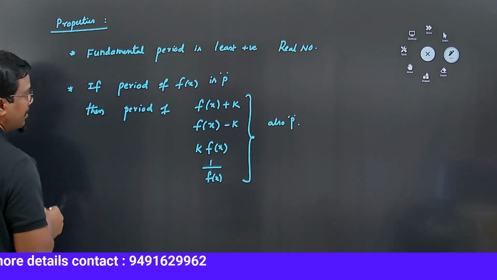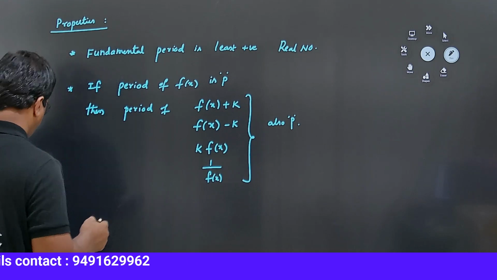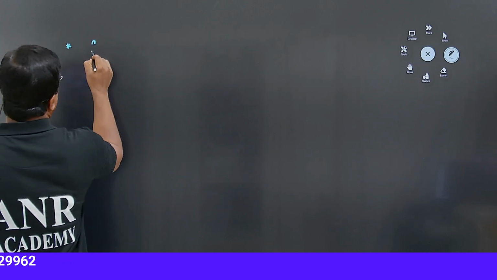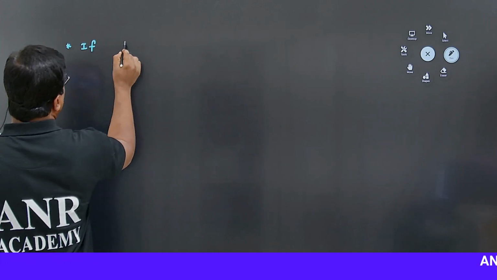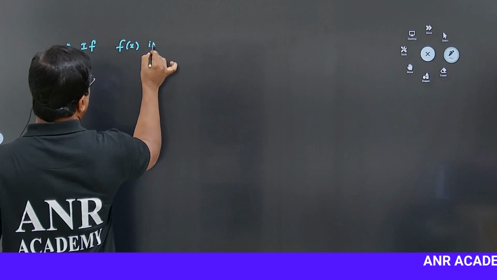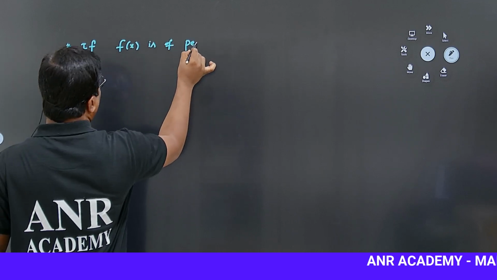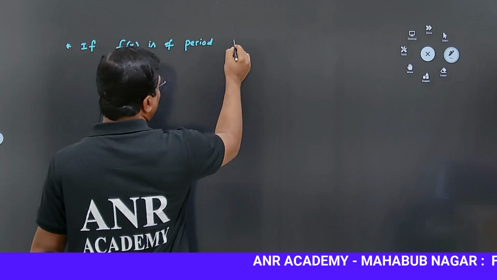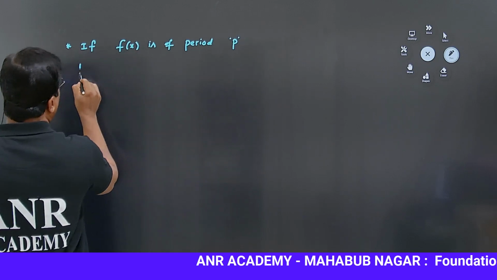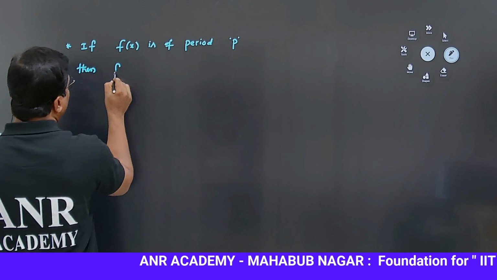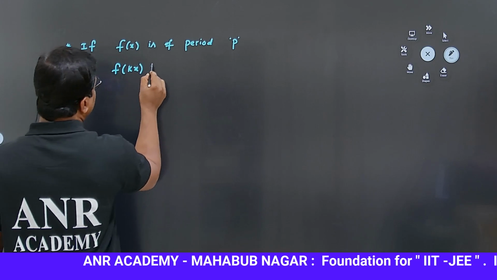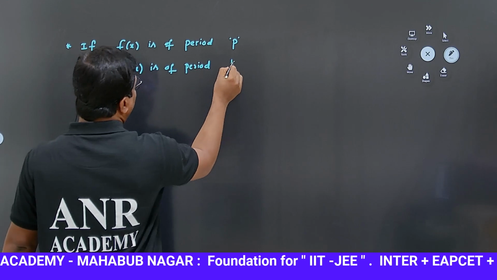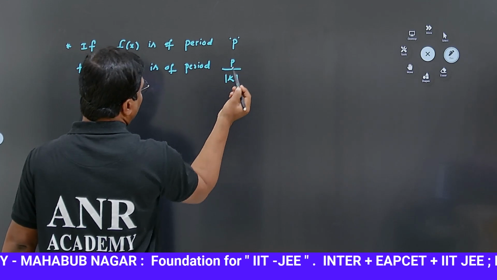Next point, suppose f of x is of period p, then f of kx is of period p divided by modulus k, remember.